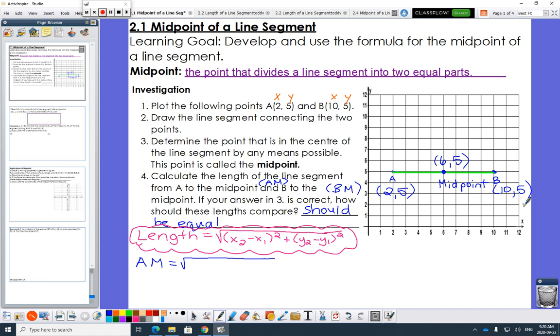It is up here in the question, but if you want to emphasize it, rewrite it, it's fine. Okay, so for point A and point M, we need the X values. Technically, the midpoint is the second one, but again, it doesn't matter. It doesn't matter if you screw this up and you do the X's first or the Y's, subtracting, because you're squaring, right? And then the Y values.